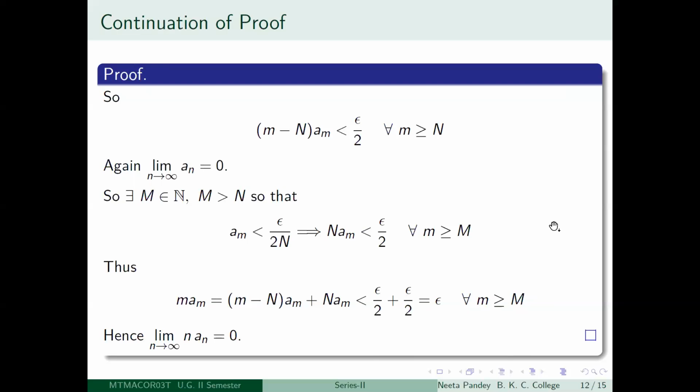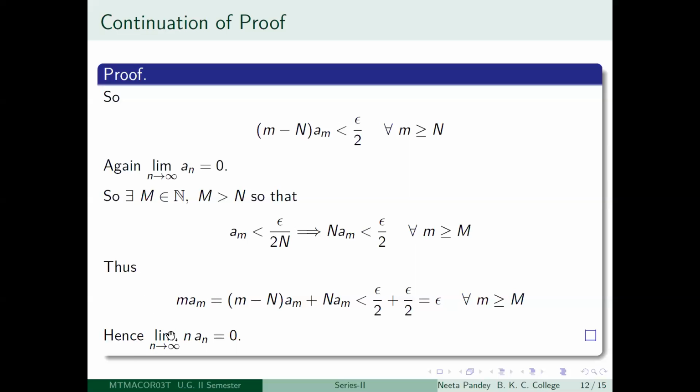So after doing some subtle work, what you have seen is that given any epsilon greater than 0, it is possible to get a positive integer capital M, so that whenever little m is greater than or equal to capital M, then mam is less than epsilon. Now mam is the same as mod of mam because am are non-negative numbers.